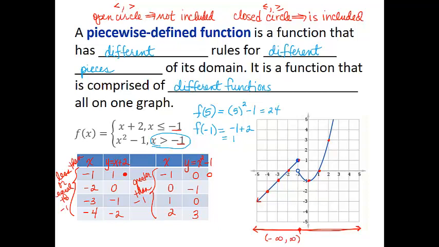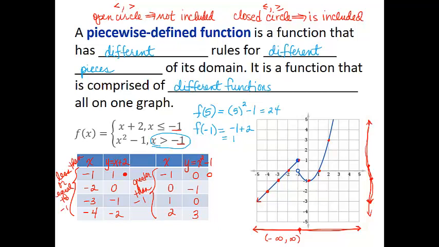My range, it starts at negative infinity, right? We're reading from the bottom up. And that first piece stops at 1. But then my second piece has a bottom point of negative 1, but then it goes on up to infinity.